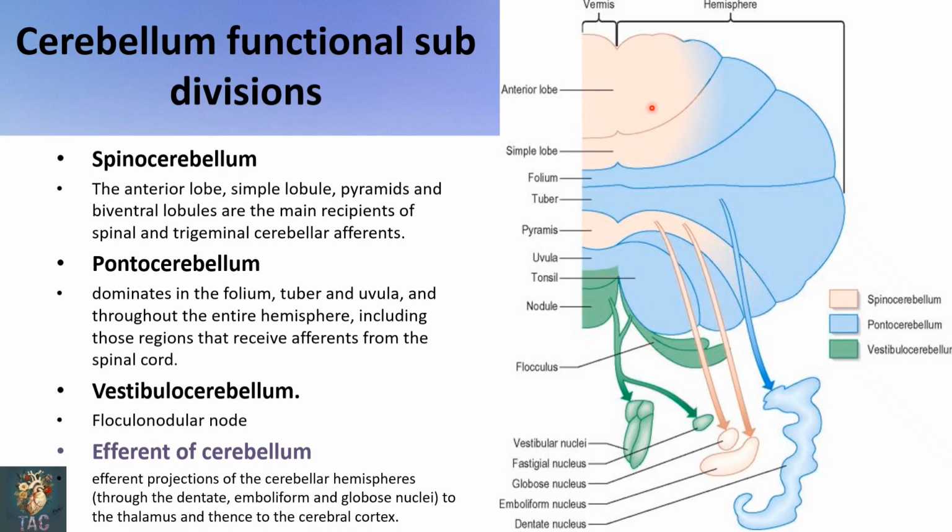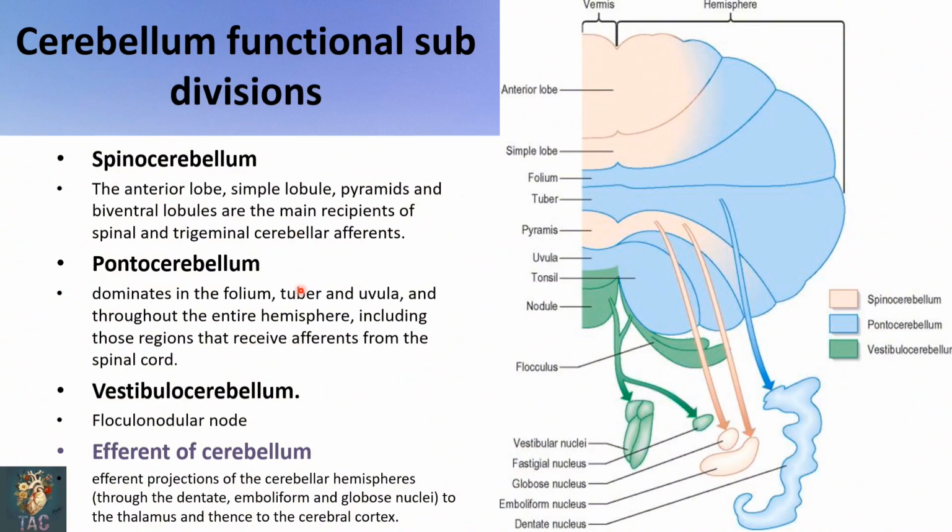The spinocerebellum is also called the paleocerebellum, and it mainly consists of the anterior lobe with a part of the simple lobule and the pyramid as well. Here you can see this one is the simple lobule, this one is the pyramid, and this is the anterior lobe. These three parts constitute the spinocerebellum, which is the main recipient of spinal and trigeminal cerebellar afferent fibers.